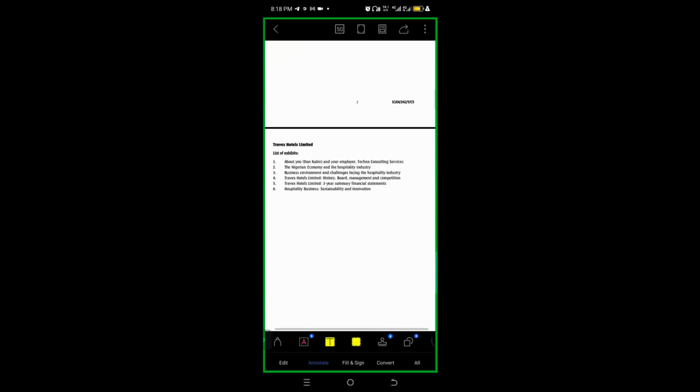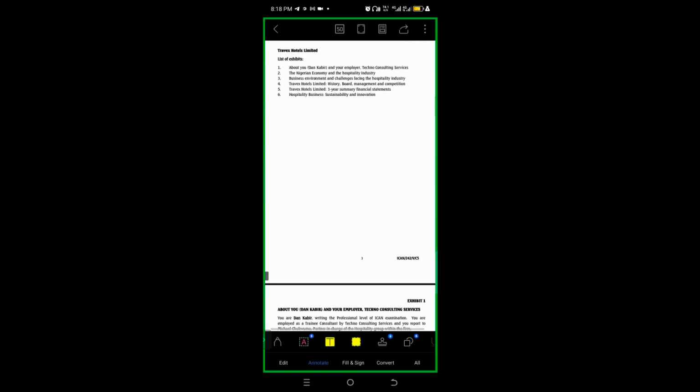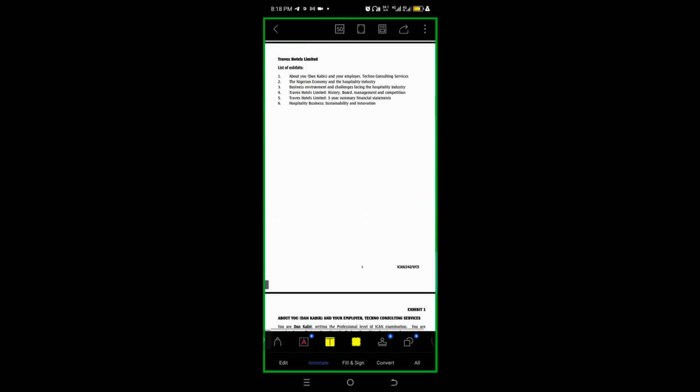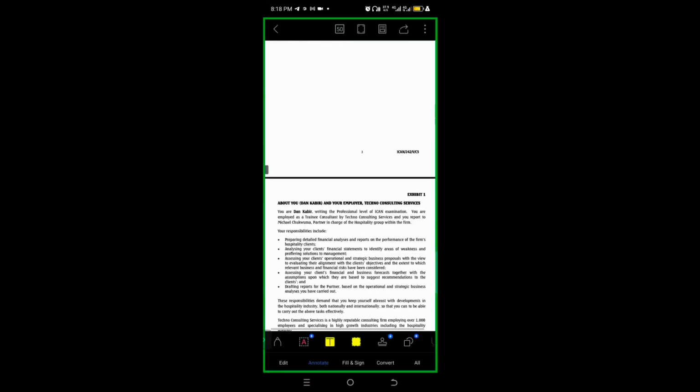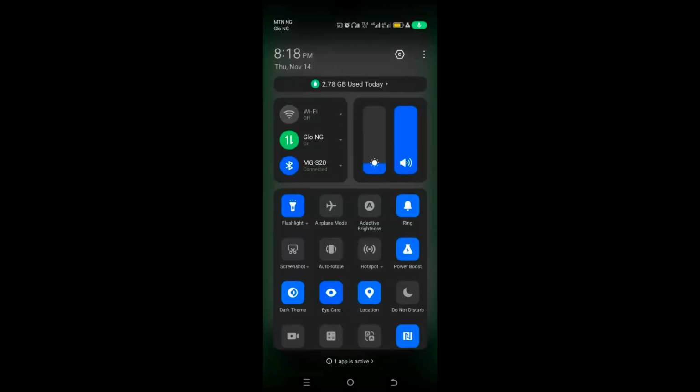For the purpose of the precinct, we are given 6 exhibits, and our company is Travex Hotels Limited. I know you recall how we normally do this, just like what we did in the class.